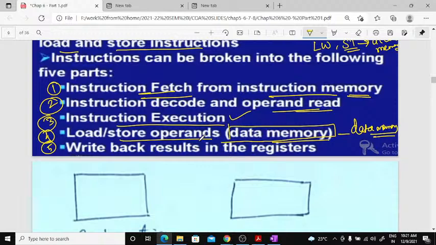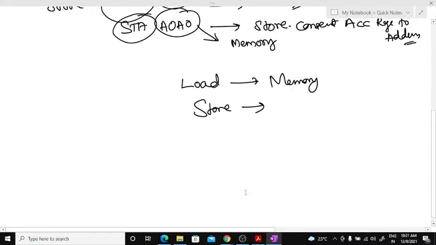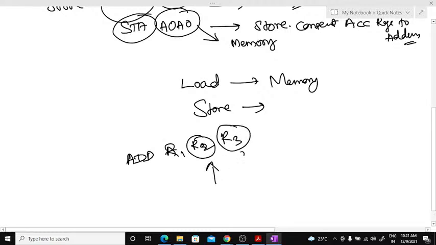Suppose you have performed an operation like addition R1, R2, R3. So these are the source operands, and this is the destination operand.